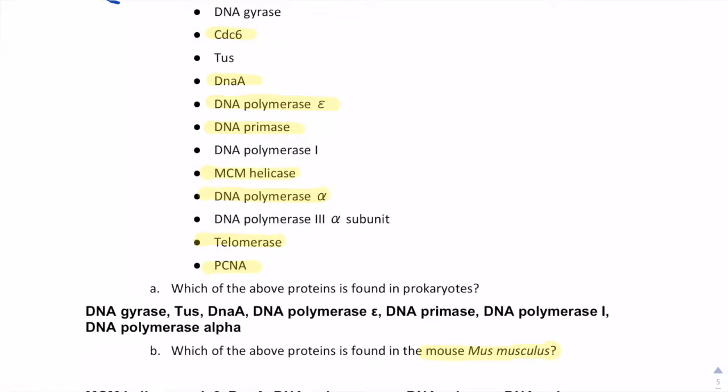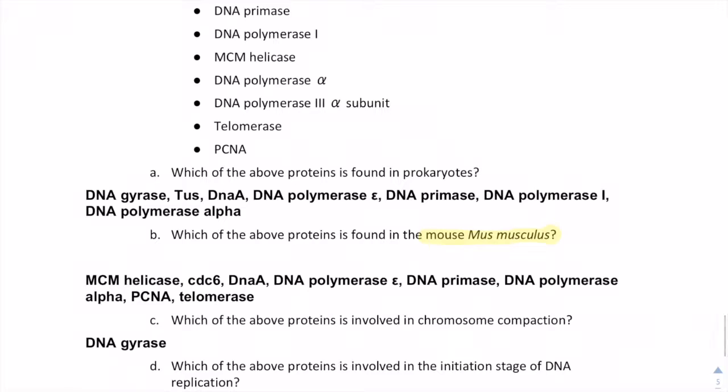These other ones, the DNA polymerase 3 alpha subunit, DNA polymerase 1, Tus, and gyrase are not going to be found in the mouse. They're not proteins that are found in the mouse, Mus musculus.